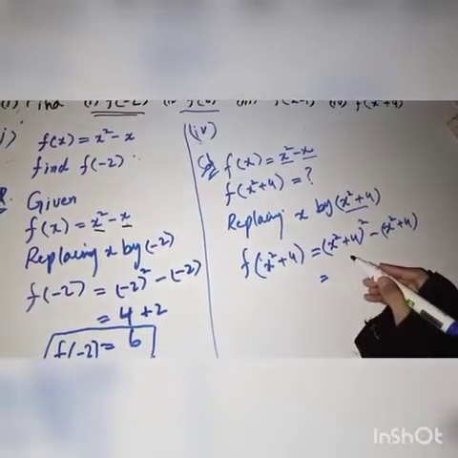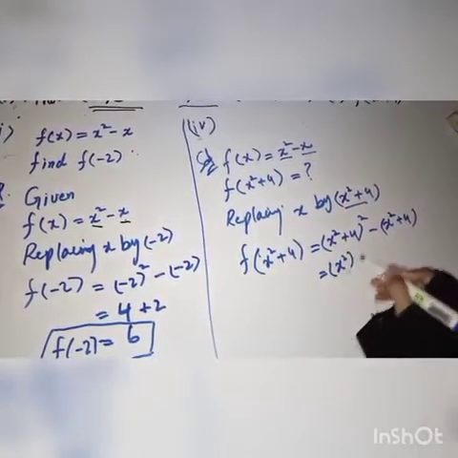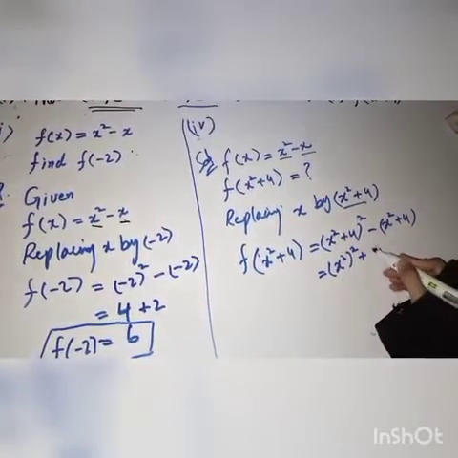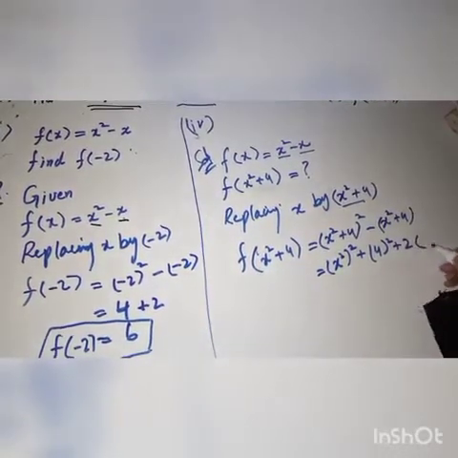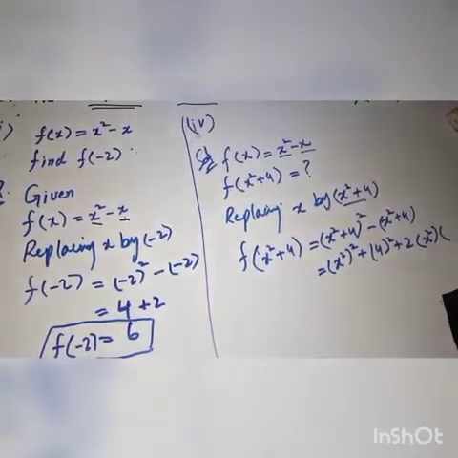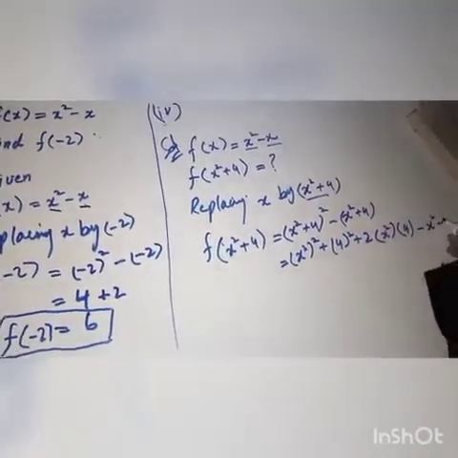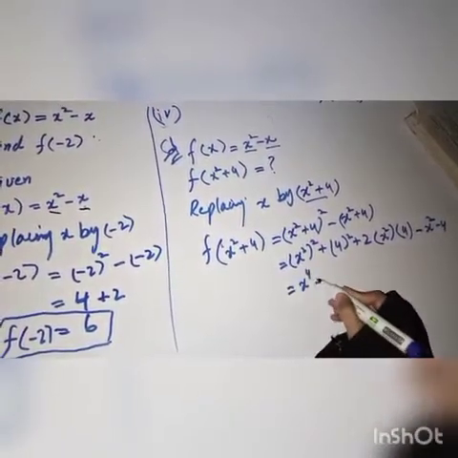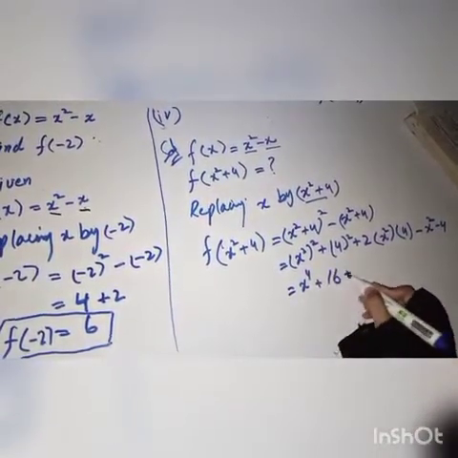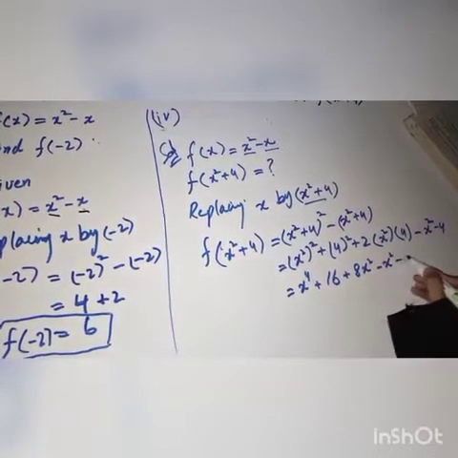Now like formula of a square, a plus b whole square, x square of square plus square of 4 plus 2 into ab. First term is x square, second term is 4, while x square minus 4. It becomes x4 plus 16 plus 8x square minus x square minus 4.